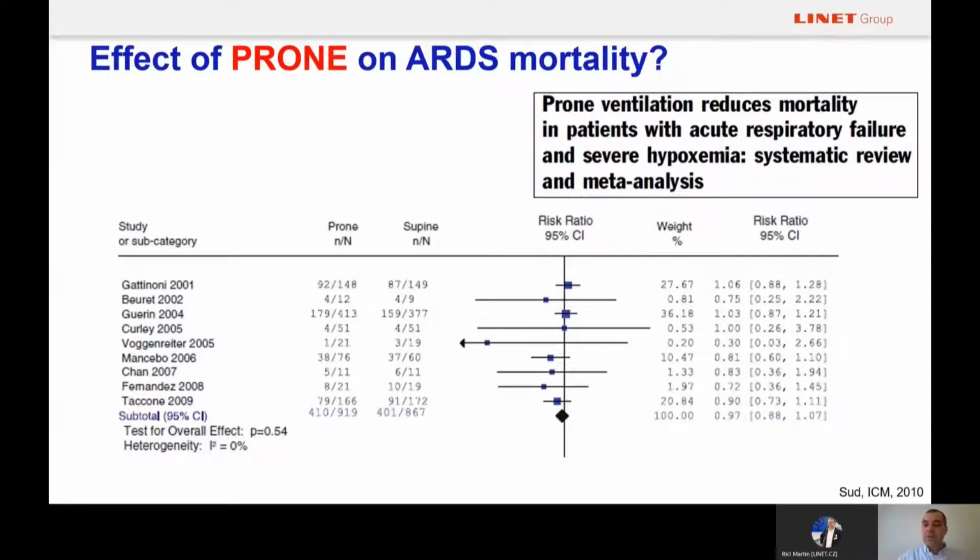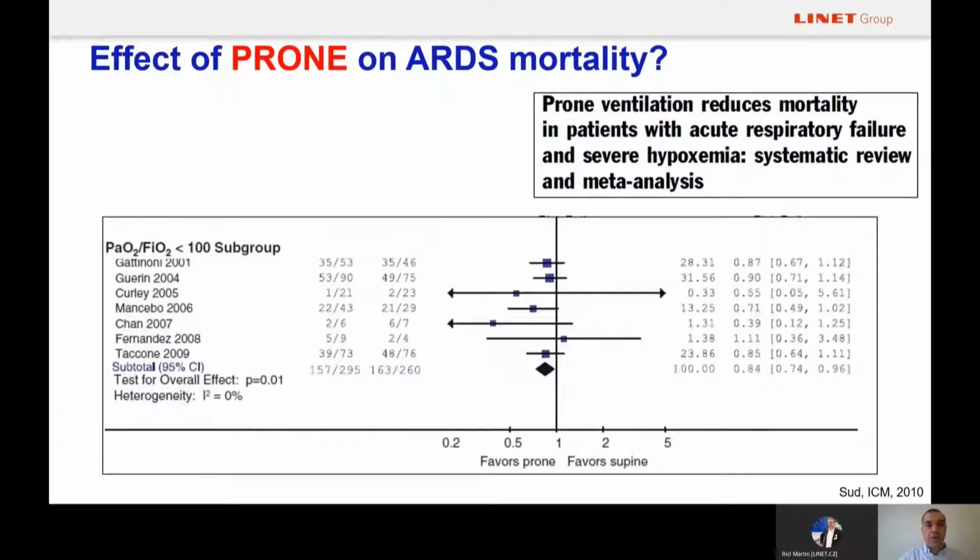In the meta-analysis of the previous trials, there was no significant difference between patients in the prone and supine position. Only in the subgroup of patients with PaO2/FiO2 ratio below 100, which means severe ARDS, though before the Berlin definition, prone position had a significant mortality benefit.